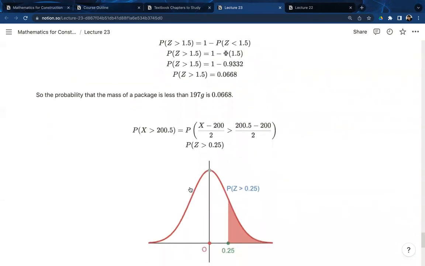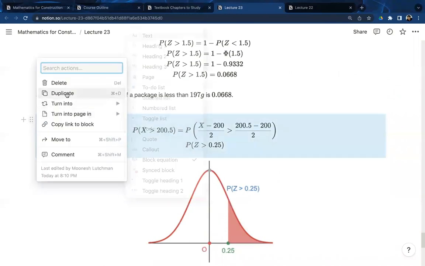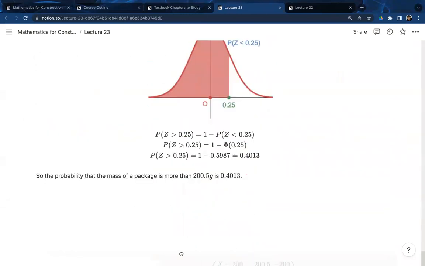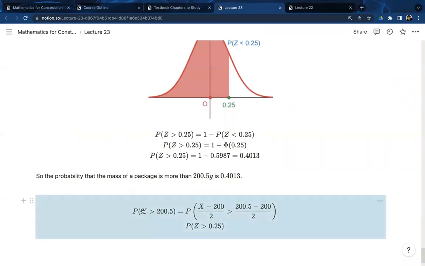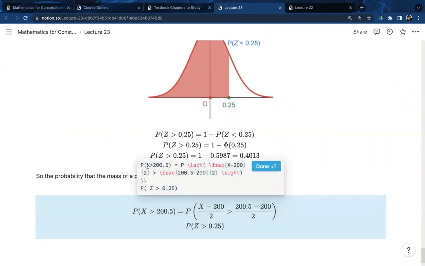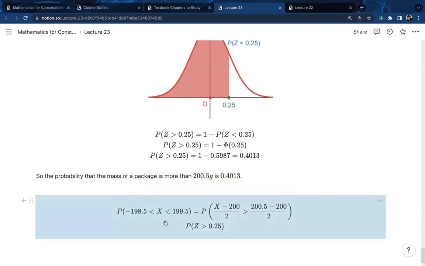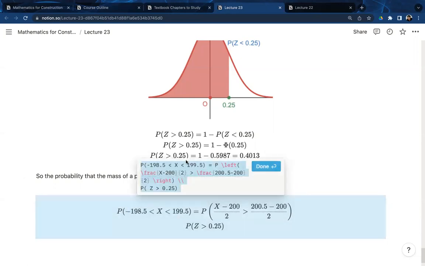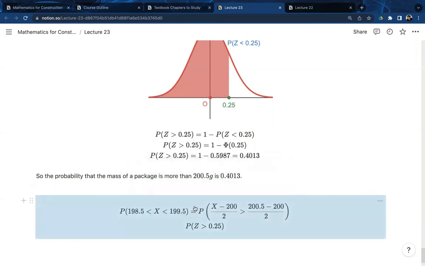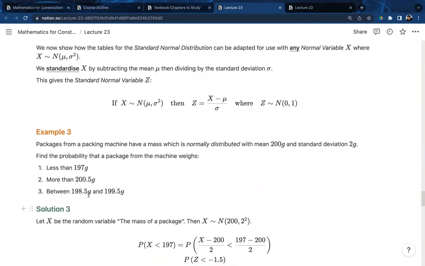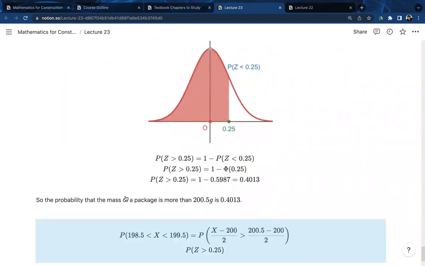Let me go down here, duplicate this. So it's 198.5 and 199.5, both with 0.5.